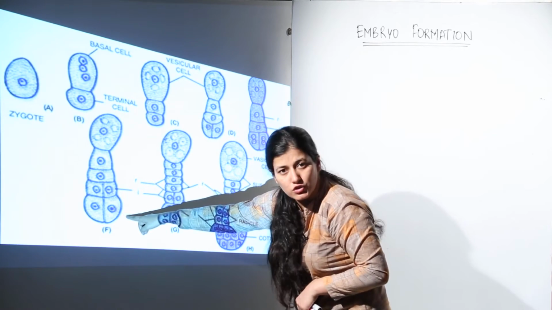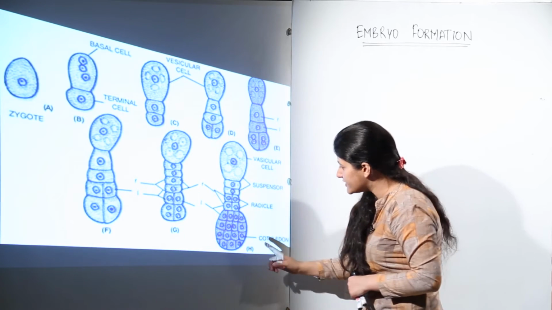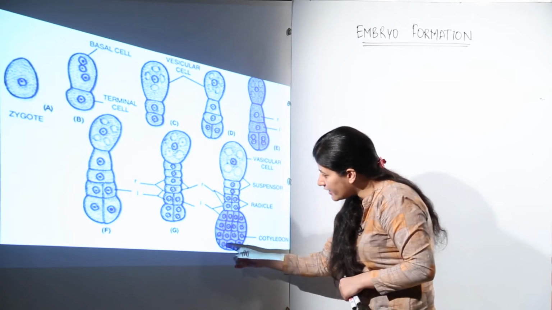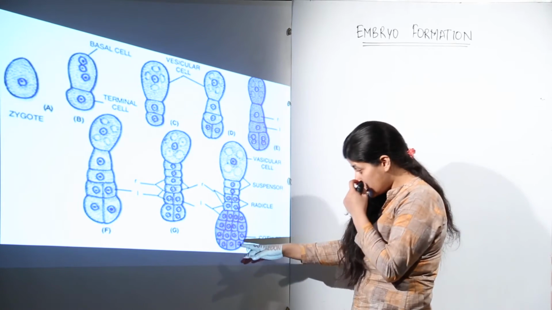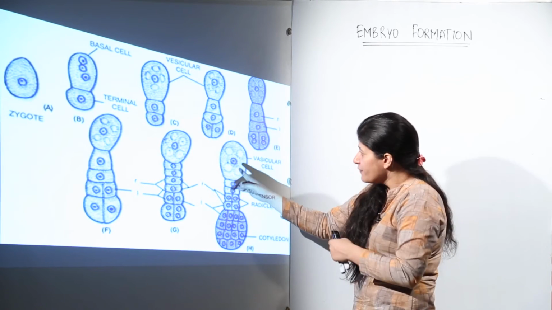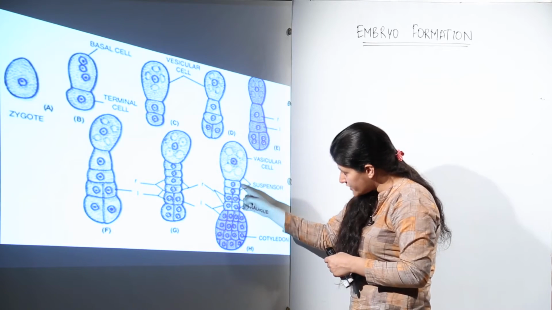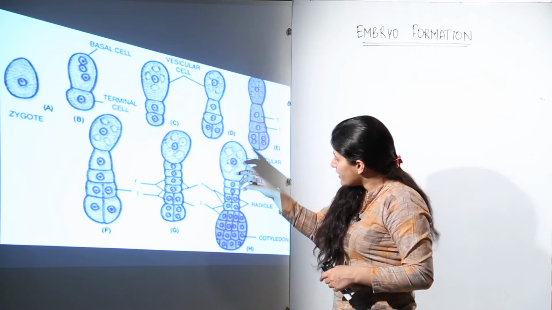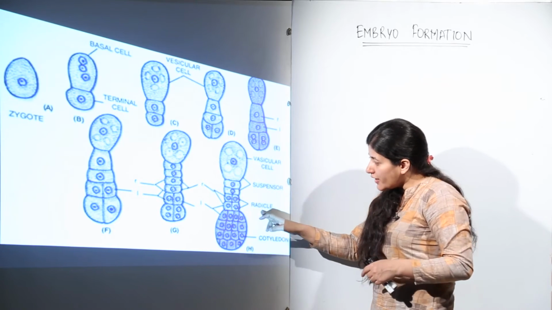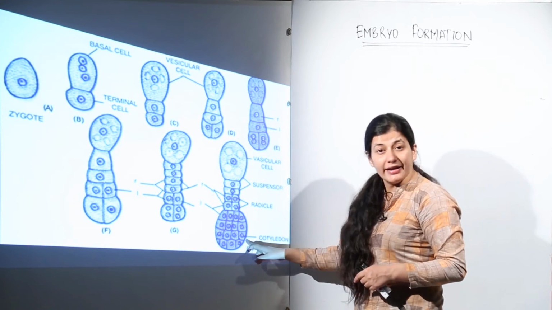It has given rise to 2 cells followed by 4 cells, and this terminal cell gives rise to the cotyledon, which divides further. This cotyledon has a radicle, and the vesicular cells, the lower cells, form the suspensor. This suspensor is the joining site of radicle and cotyledon.